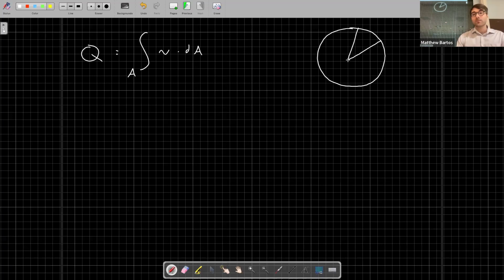So we're going to integrate first from the center to the wall, and then we're going to integrate around the circle. When we do that, our infinitesimal area will take the form of this little polar rectangle with the following dimensions.